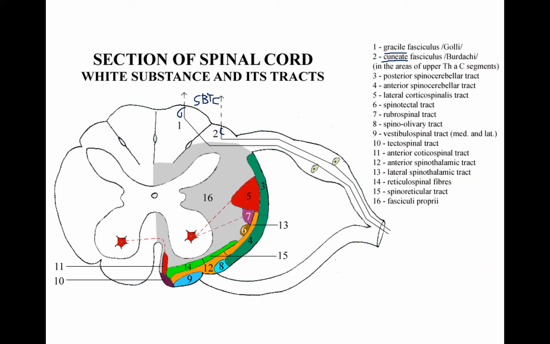So you can see the first neuron is here in the spinal ganglion, and then it ascends, and where does it decussate? In the medulla oblongata. So it goes up the spinal cord to the medulla oblongata, where it's synapsed. Then it's crossed, and it goes to the thalamus, the VPL nucleus, and then from VPL to area 3-1-2.